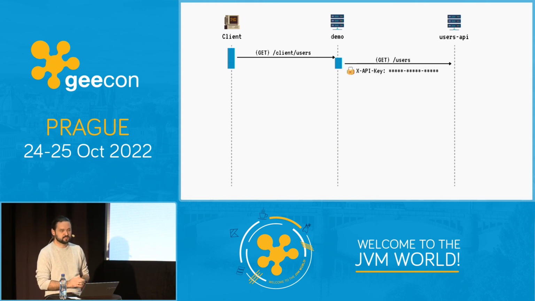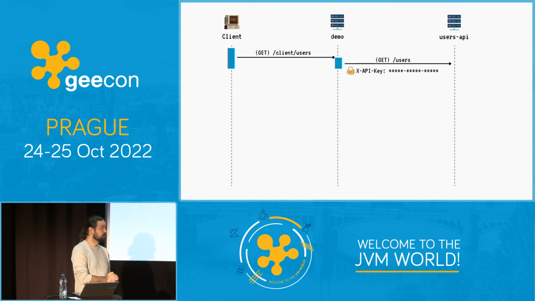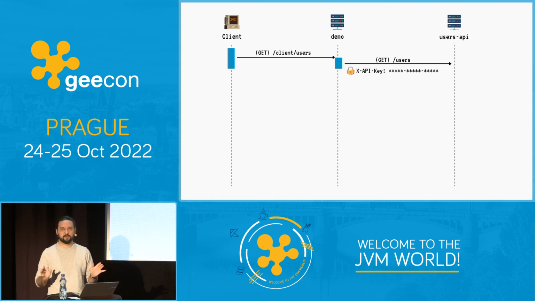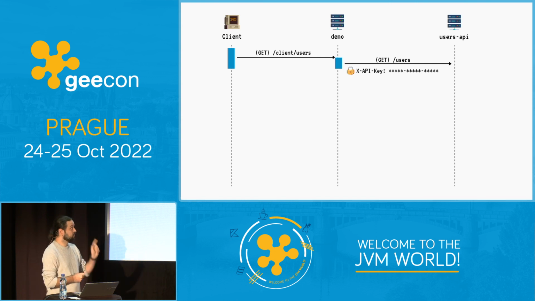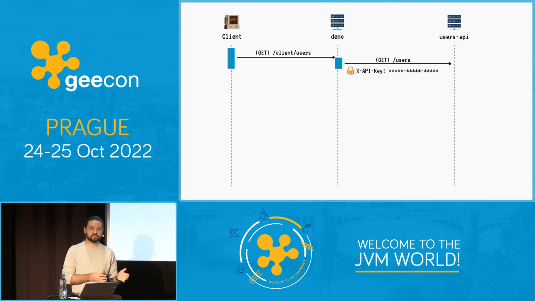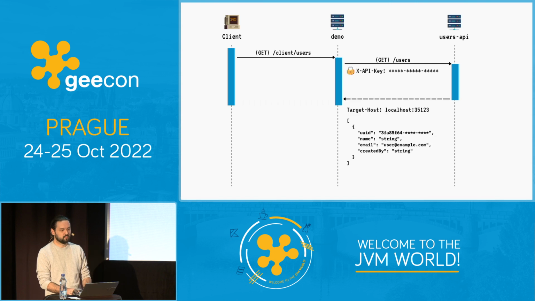The demo app will take this request and send it to some kind of users API. You can think of it as some third-party API, or maybe a microservice running in your ecosystem. As you can see, we will also add an API key, because this users API requires authorization, which is not something that our demo application requires.